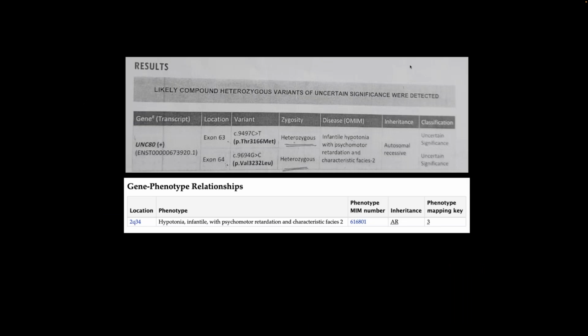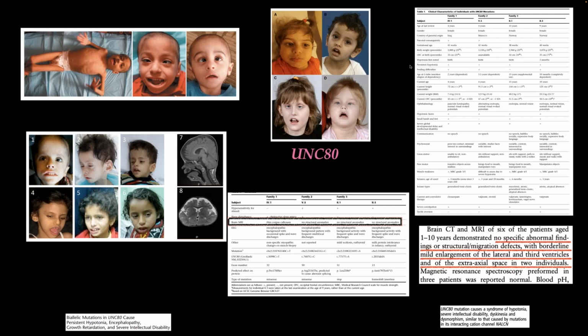So the genetic testing showed UNC80 positive, and we did the reverse phenotyping to see whether she matches the phenotype, and she definitely has some features. UNC80 shows infantile hypotonia with psychomotor delay and characteristic faces. She has mild hypotonia, but it is not as significant as in UNC80, and she has severe wasting.